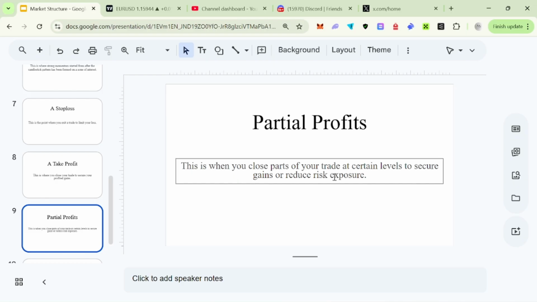Closing partial profits might seem like a cowardly thing to do, because it's like you are not waiting for price to hit your target. But a very respected trader in the industry once said, the goal of trading is to make money and not to be right.